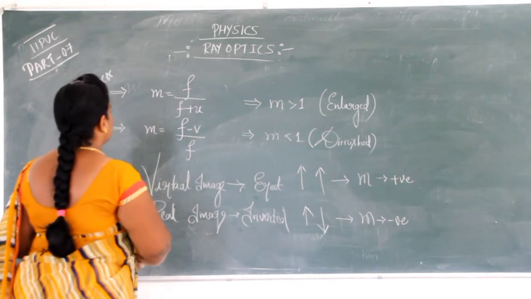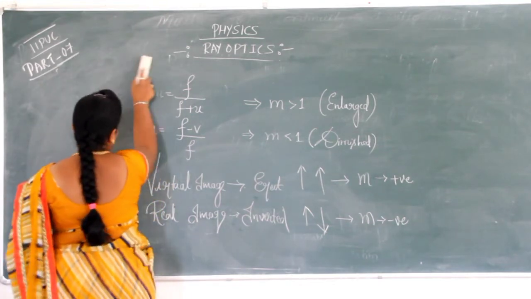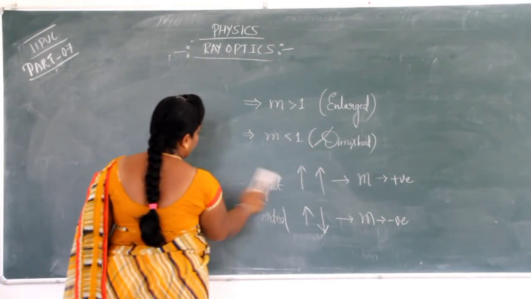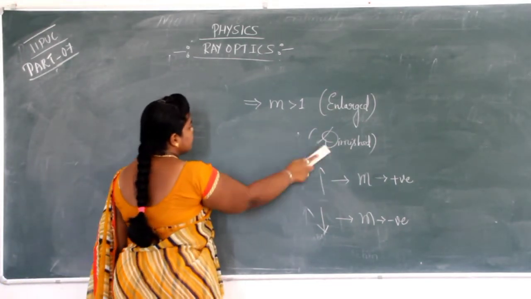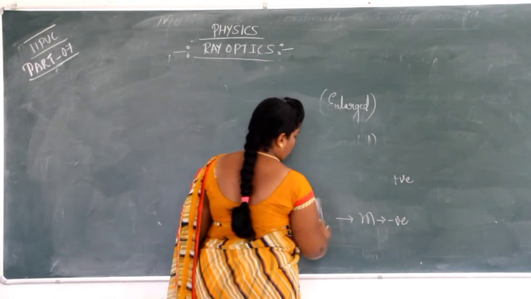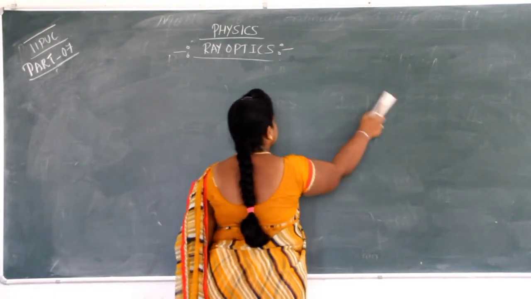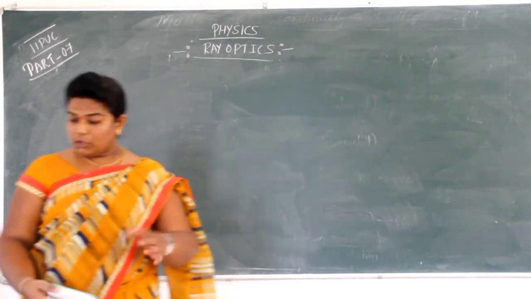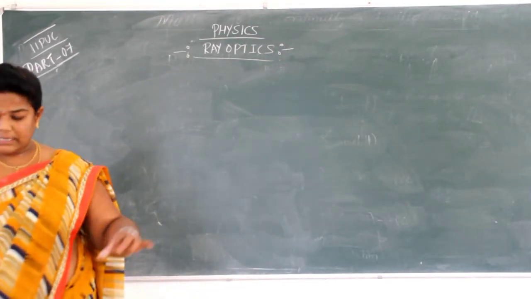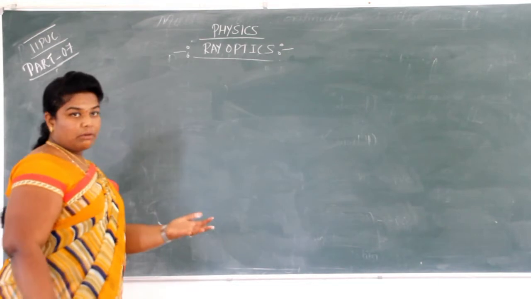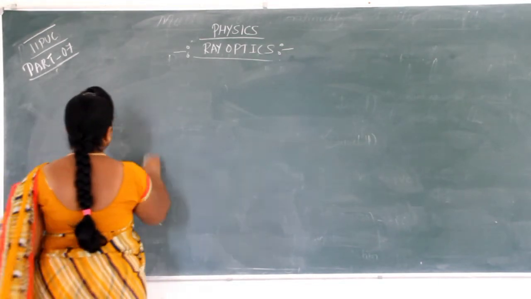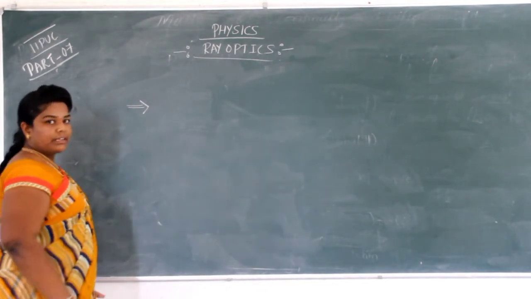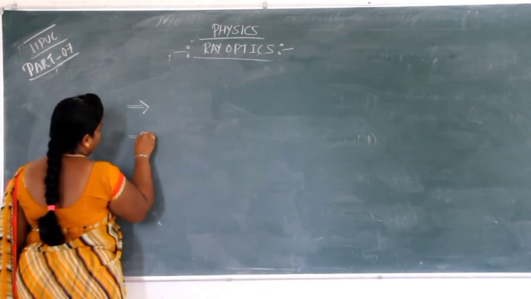I am just going to give you a piece of glass and ask you to confirm whether it is a concave or convex lens or a plane mirror. How are you going to conclude that?